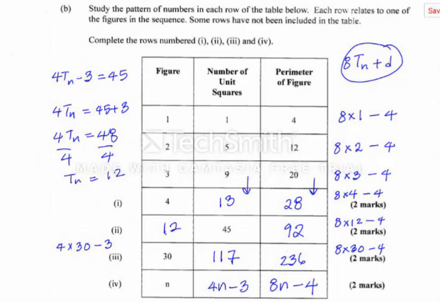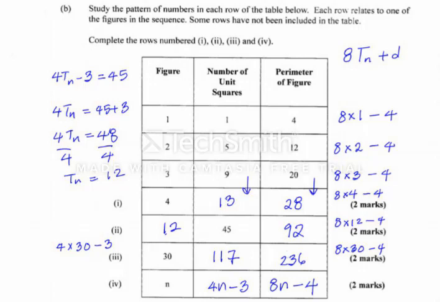So to recap, I will just remind you that if a sequence is increasing by a fixed amount, the general format for that sequence is going to be, in this case, over to the right-hand side, 8 times Tn plus some unknown, which is d. 8 would be the amount by which the thing is increasing.